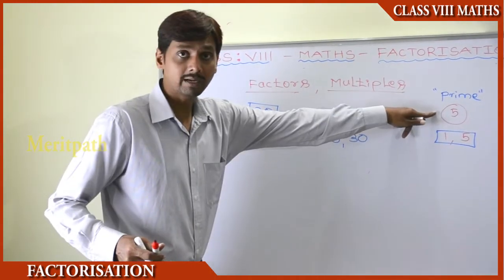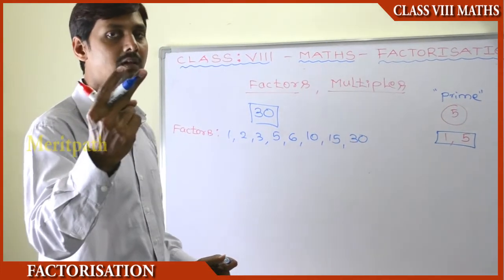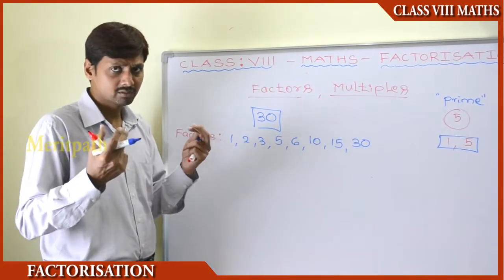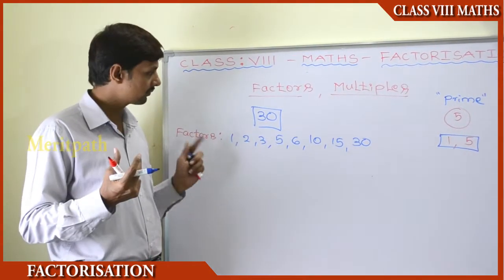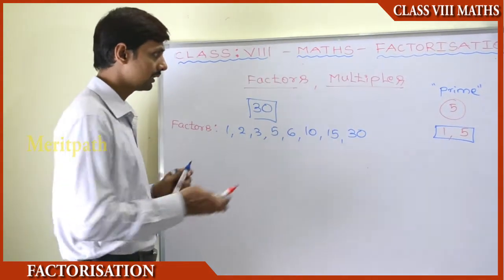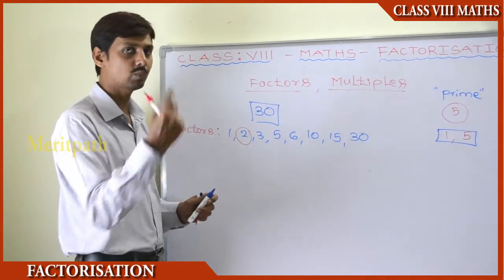The numbers which have only two factors are called prime numbers. So let's choose prime numbers from all these factors. 2 is a prime number, because it has only two factors, 1 and 2.